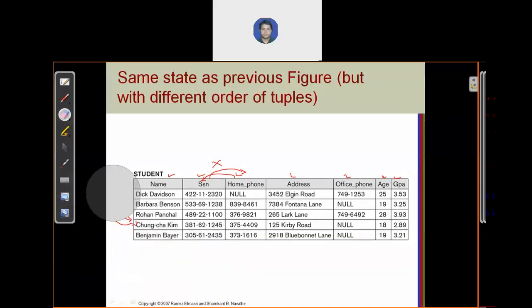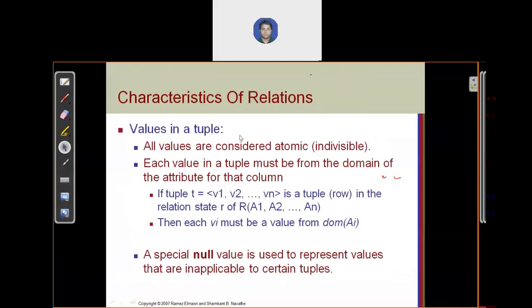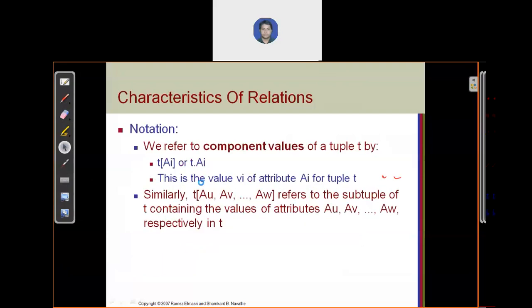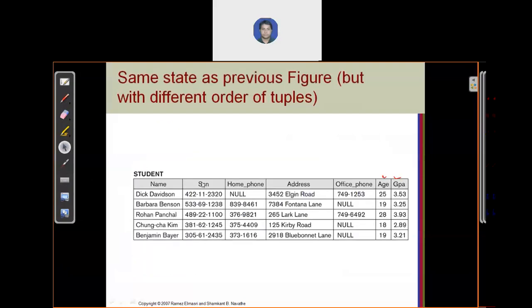This is one characteristic of a relation. The third characteristic is value in tuple. Value in tuples means we talk about these values.